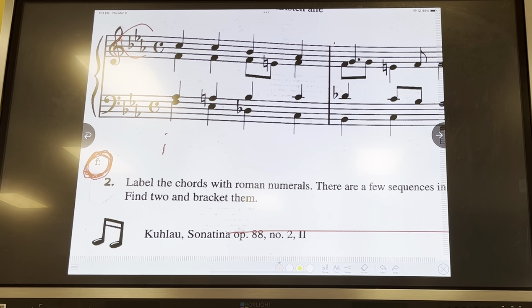So if that's the one chord, what's the next chord? It's a 1/7. No. Yeah, 1. If we put 1/7, well, look at it. What kind of 1/7?